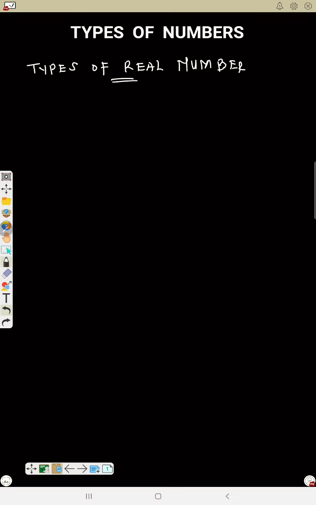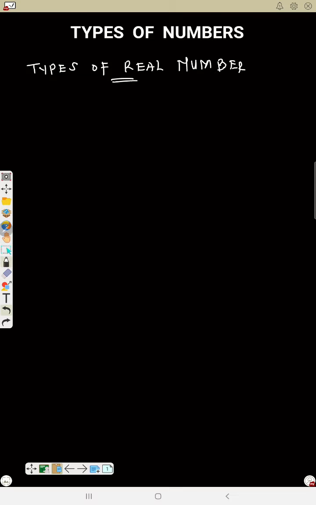Now, multiplication. If I say minus times minus, it will give me plus. Take notes.